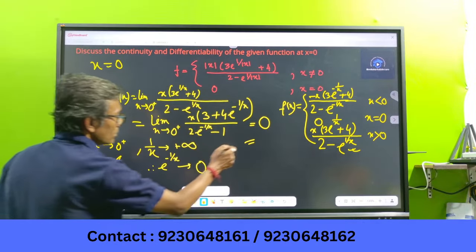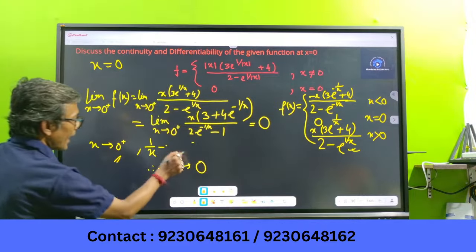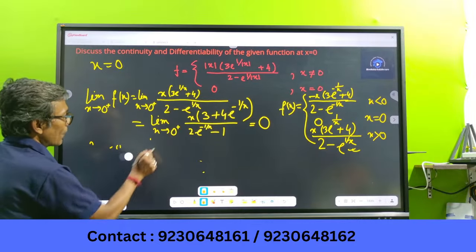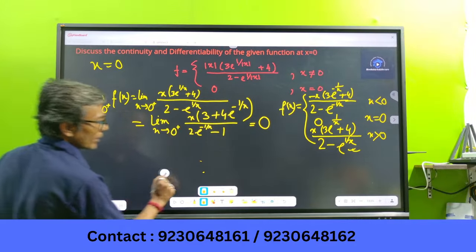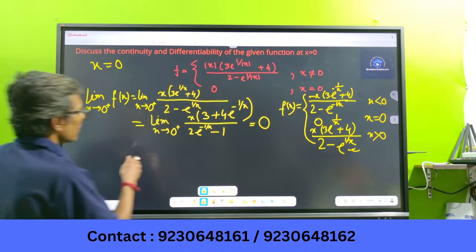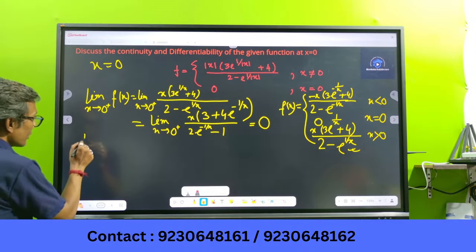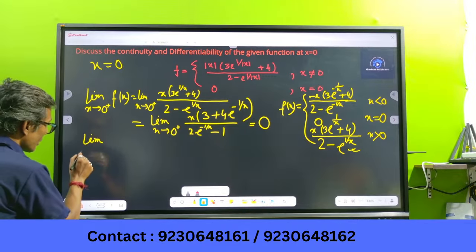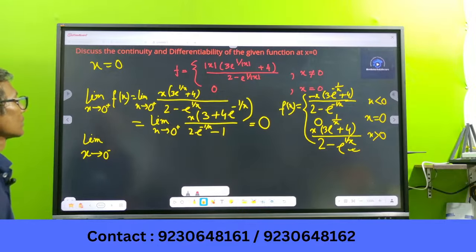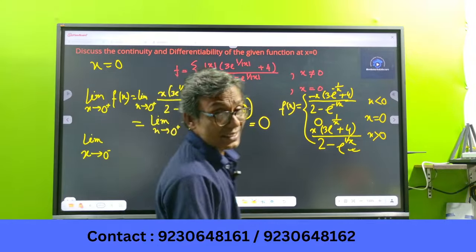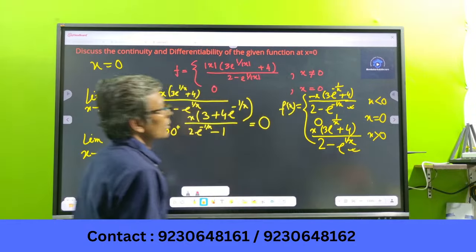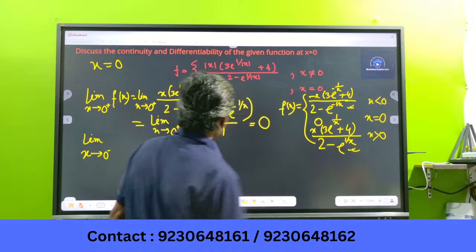So now checking at x tends to 0 minus, what will be the result? Let's see. So limit x tends to 0 minus, when x is less than 0, then this function will be taken.